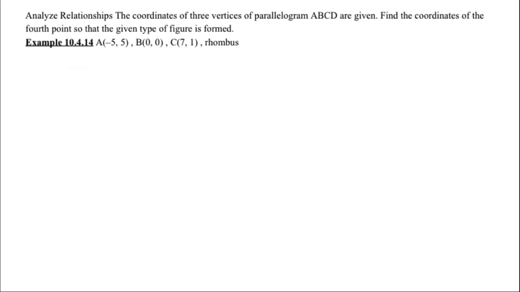Or diagonals are perpendicular as well. So a rhombus is a parallelogram with perpendicular diagonals, right? The other way to show that is, by definition, all four sides are congruent.